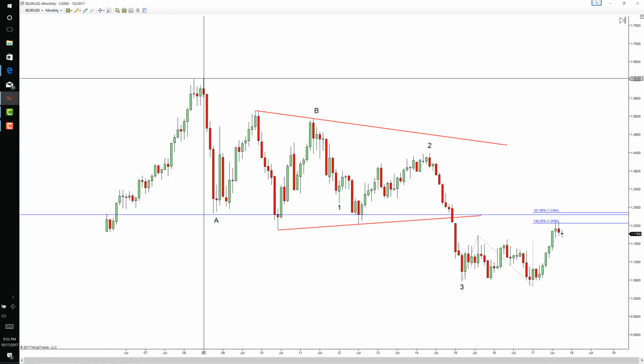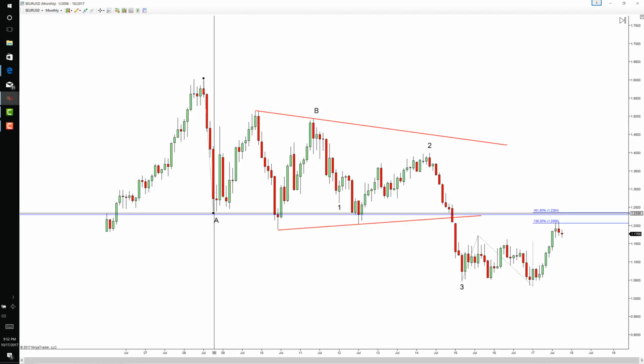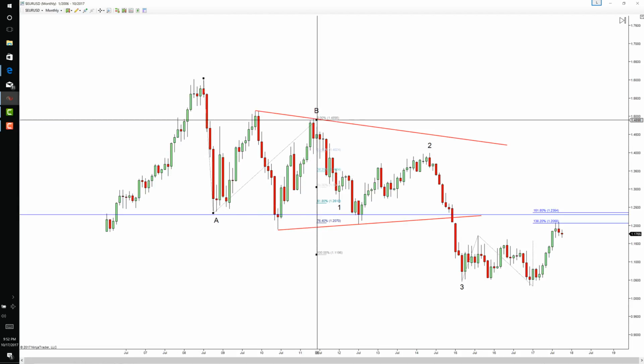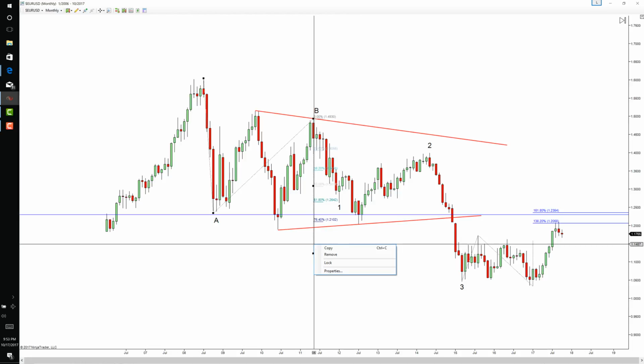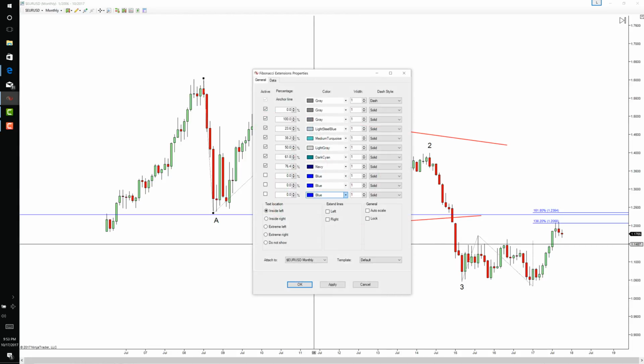But you're talking, if this is the A and this is the B, I like to see it go 1.382, so 138.2 or 0.618.